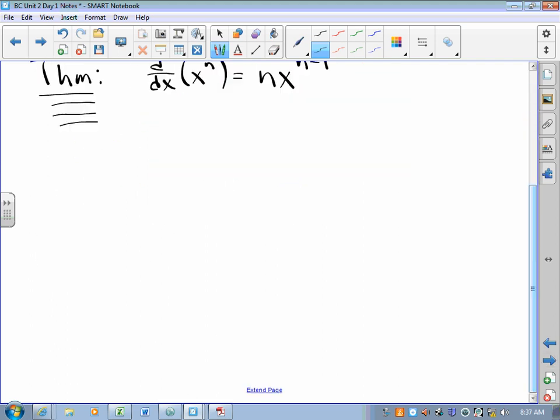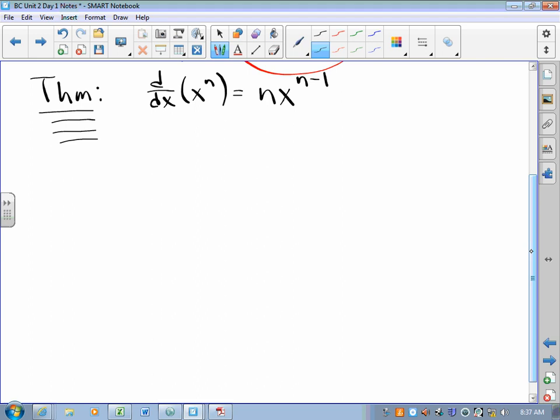Because if we can do that, we've got all polynomials, because all polynomials are sums of x to a power times a number. Add it all together. If we can do this, then the power rule works.